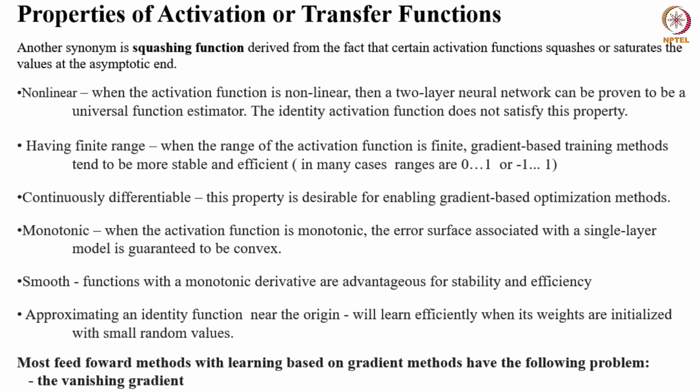So by including this kind of nonlinearity in our model, we are able to handle also nonlinear problem situations. Also, by choice of function, we could introduce a finite range. And that kind of situation tends to be more stable and efficient.